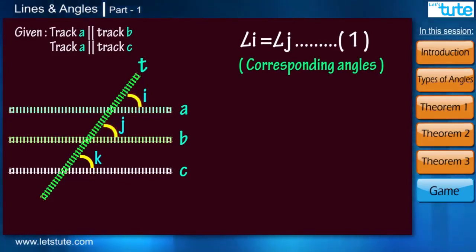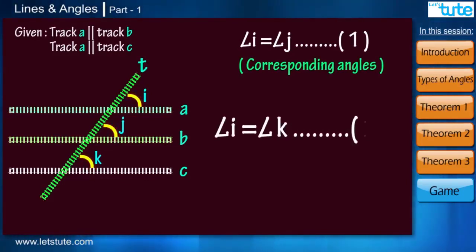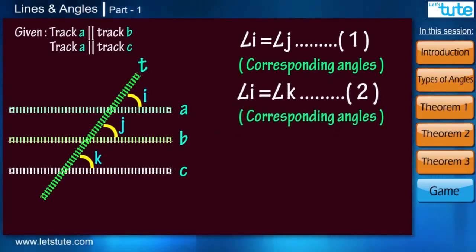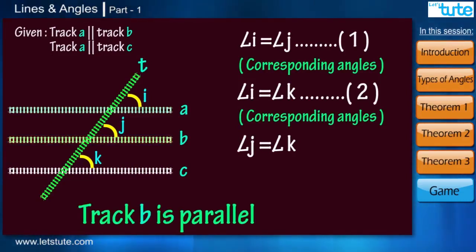And the same is true with angle I and angle K. So from 1 and 2, we can say that angle J is equal to angle K. And as we just saw, when the 2 corresponding angles are equal, then the 2 tracks are parallel to each other. So from here we can conclude that track B is parallel to track C. And geometrically we can say that lines which are parallel to the same line are parallel to each other.